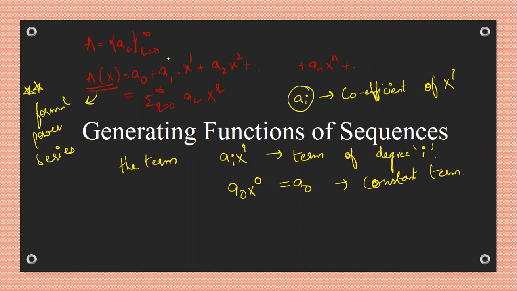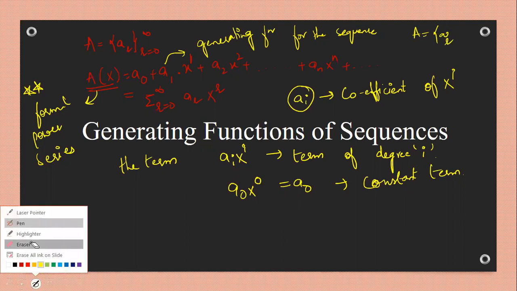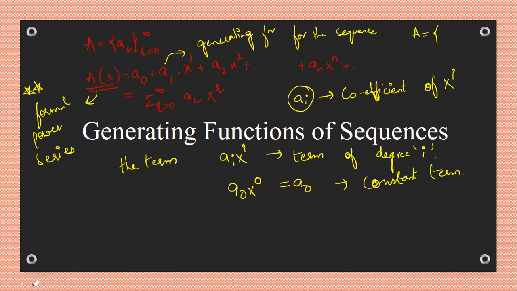So this A(x) is also known as the generating function for the sequence a = a_r, r = 0 to infinity.